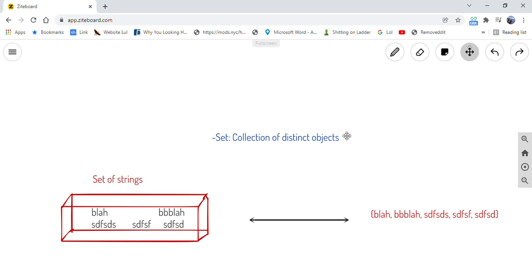An object can be a living organism. It can be you. It could be a string of letters, as I've shown here. This is a set of strings. A set is also an object. So a set and an object can really be anything, but a set is a collection of distinct objects.